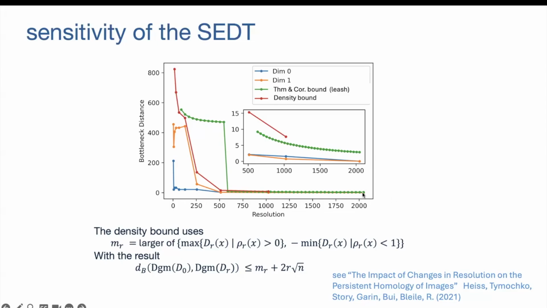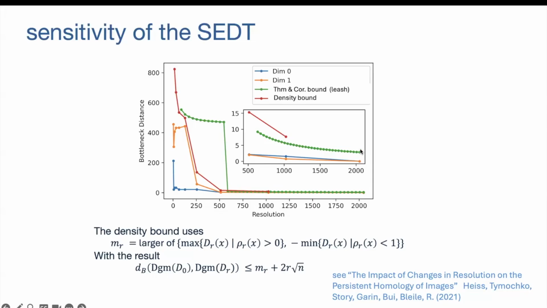I start out with a nice high resolution version of my image, and then I'm subsampling, I think just decimating by 2, going from 2000 and something down to 1000 and something in one jump, and then 512 and so on.